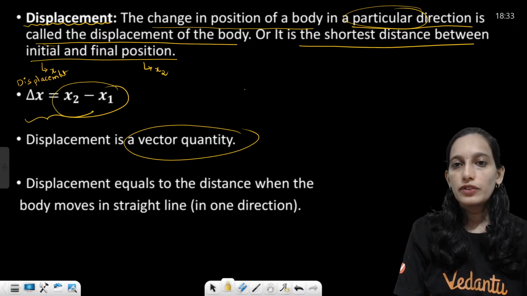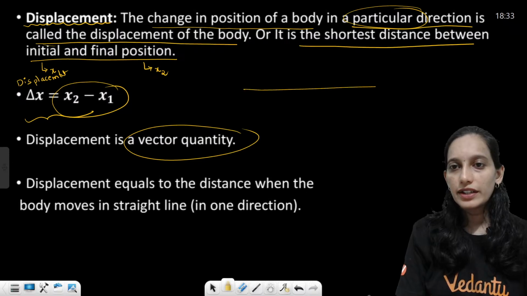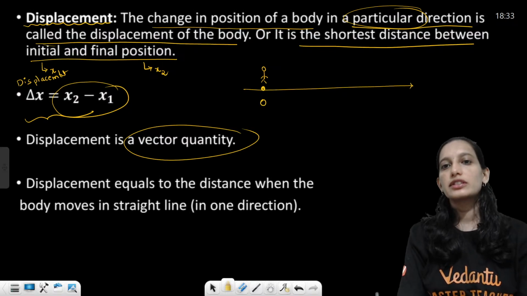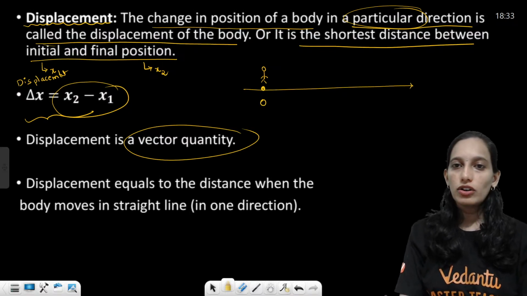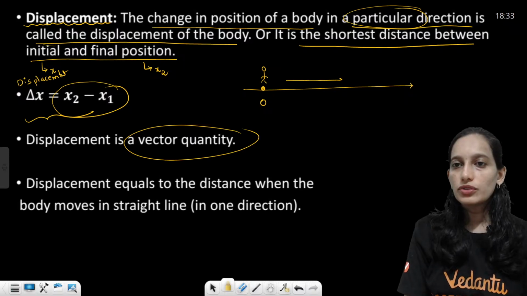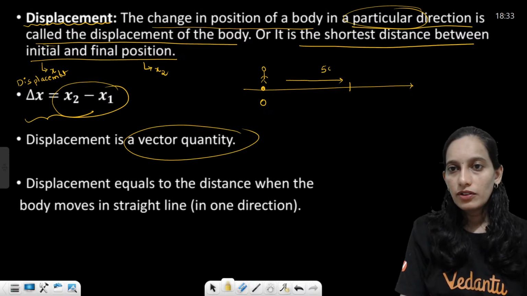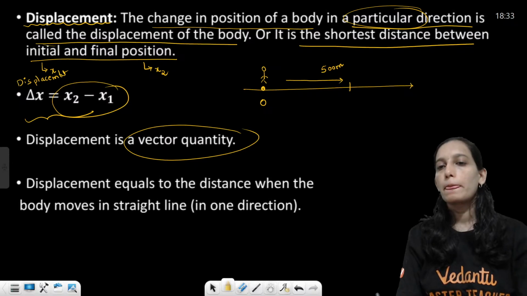Again, let me take an example like the previous one. Let us say this is a person who is standing at the origin. He walks for some 500 meters.